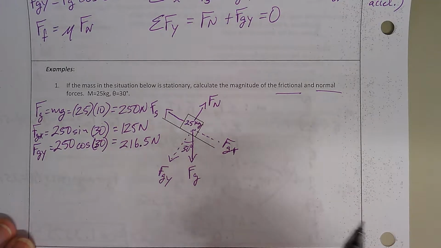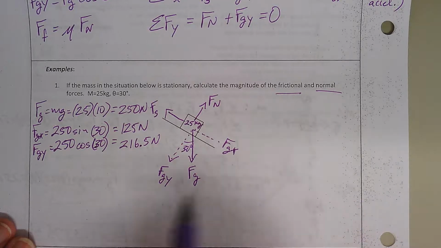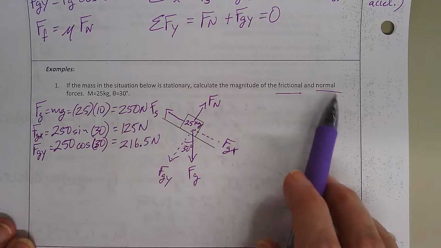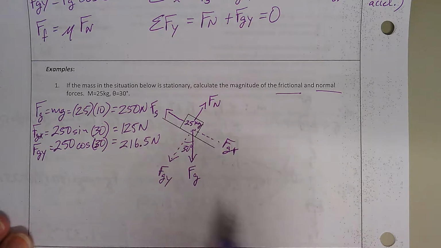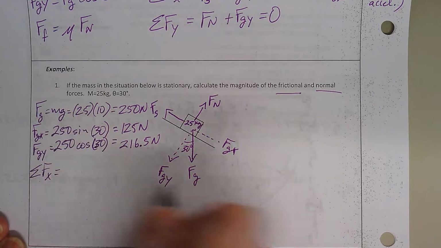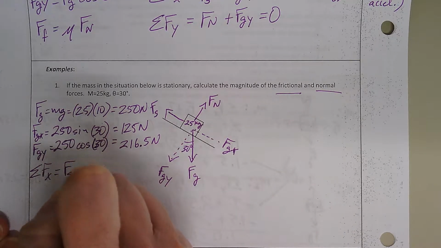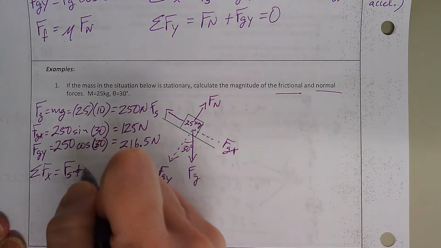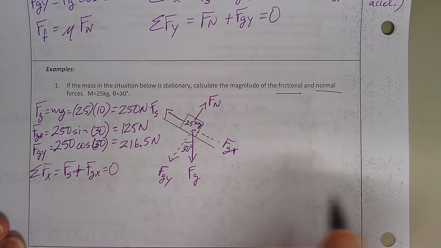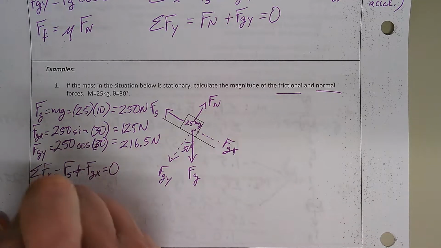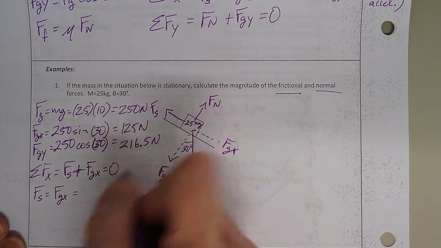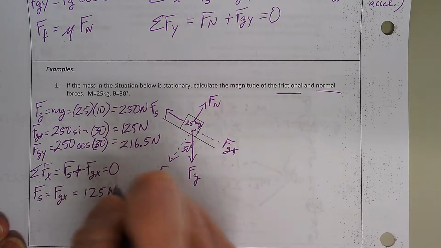So now I have most of my components. Now I need to solve for my friction, my Fs, and my normal. So look at my summations. My summation in the X says that my friction plus my Fgx equals 0 if it's stationary, which means my static friction equals Fgx, which equals 125 newtons.